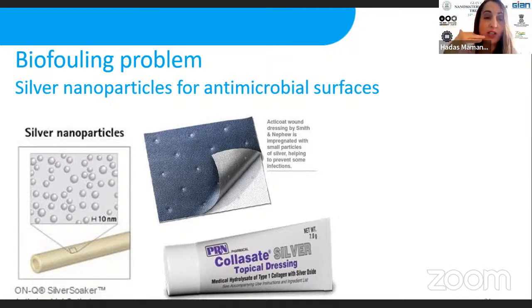And also we're working on surfaces that, even if viruses attach, upon exposure to light will activate free radicals, which will kill those viruses.